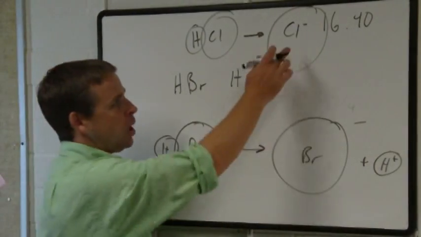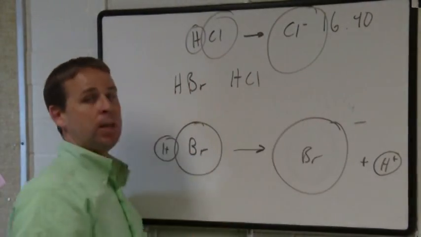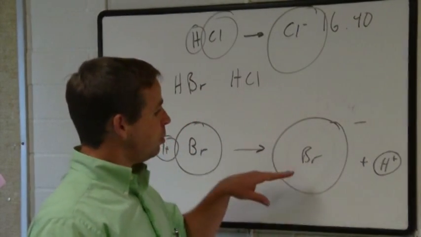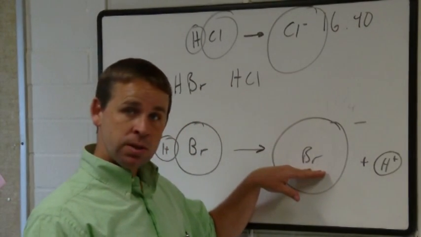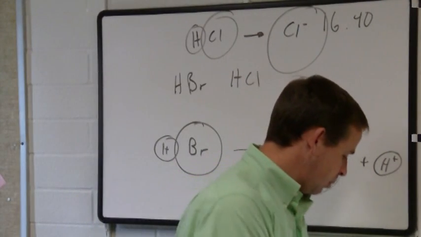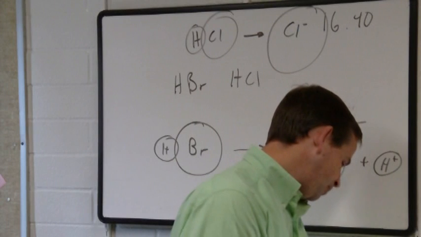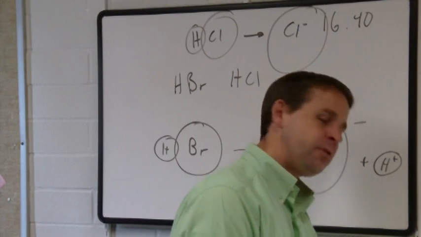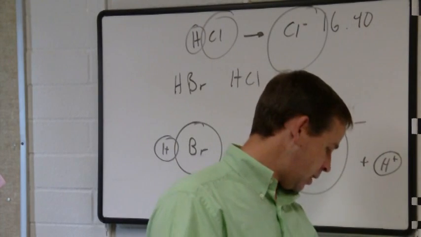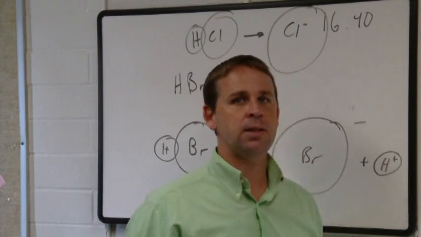And who can hold on to that extra electron better? Well, the bromide ion can hold on better, because, why can it hold on better? Because there's more protons, and an extra electron matters less once you have, like bromine has how many kids? It has 35 electrons, 35 kids. The 36th is not nearly as much as going from 17 to 18, right?